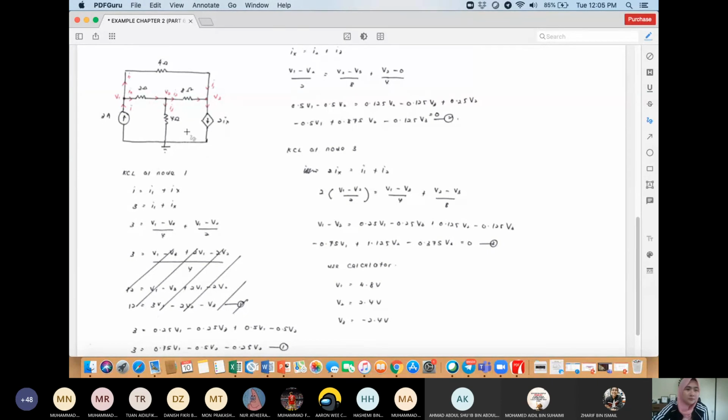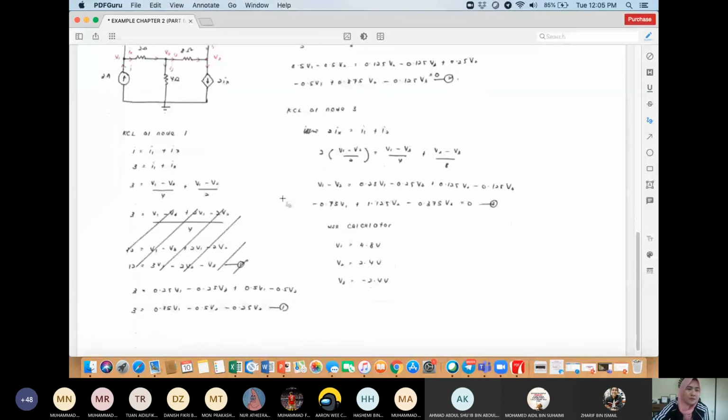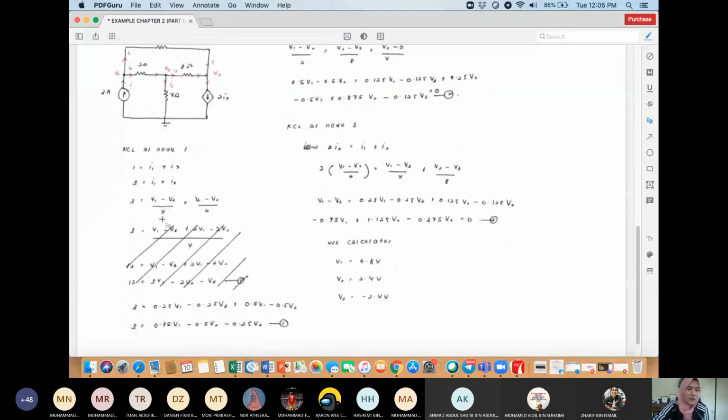Okay, then you calculate for this equation. I calculate this one as 1 over 4 V1, that's why we have 0.25 V1 minus 1 over 4 V3. So 1 over 4 is 0.25.